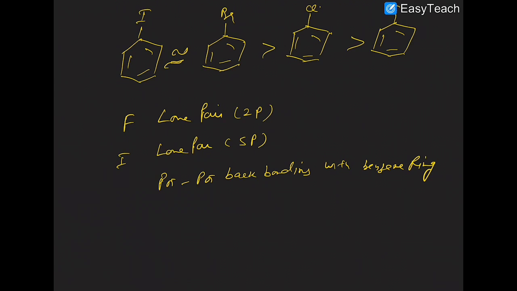Due to that, the bond length decreases, and a decrease in bond length results in a decrease in dipole moment. You can say that the carbon-fluorine bond should be the most polar bond, but despite that, it is not so. Why? Due to the formation of p-pi bonding between the carbon atom of benzene and the lone pair on the fluorine.